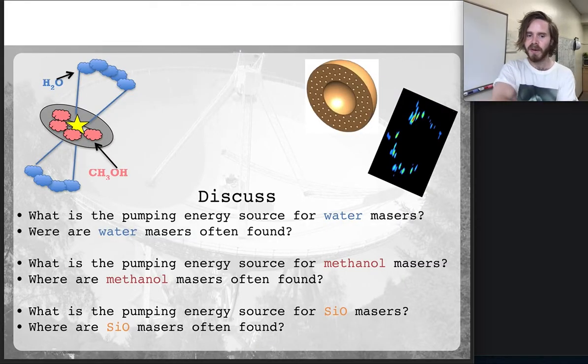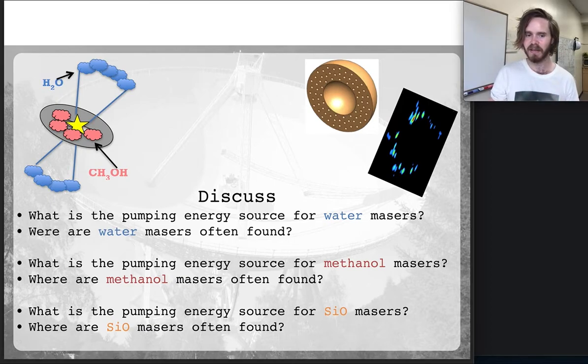I want you to take a little bit of time and discuss three things, each with two points. What is the pumping energy source for water masers, and where are water masers often found, in what environments?